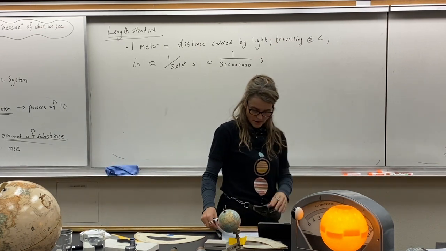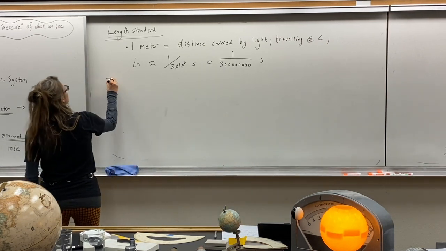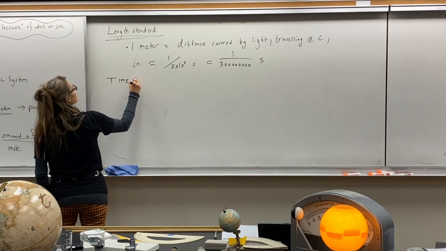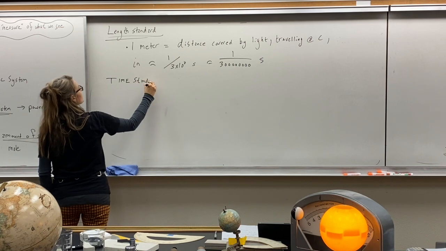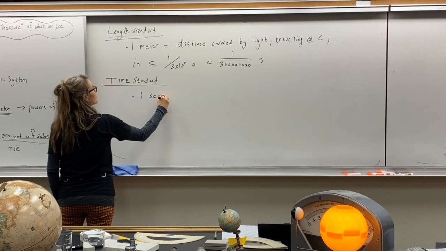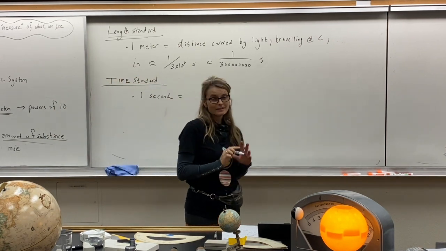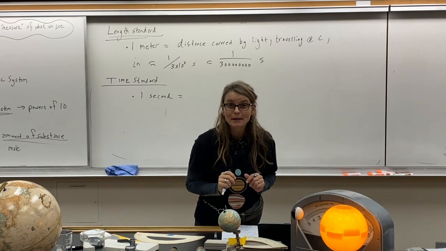And then if we go on and look at, okay, what's our time standard? Well, we define that as 1 second, and that is a little more complex. It's based on an atomic clock.